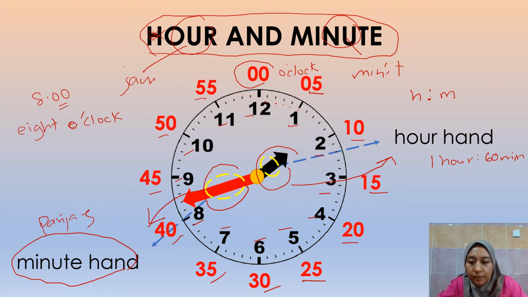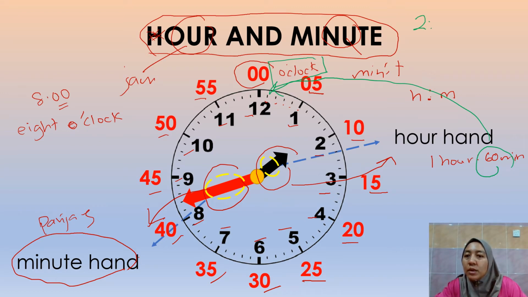Tapi kita letak 00 ataupun o'clock. Kena ingat ya. Kita setakat ni belum pernah ada lagi jam 2.60 minit. Awak cakap, cikgu betul tak jam 2.60 minit? Salah. Kita sebut 2 o'clock.